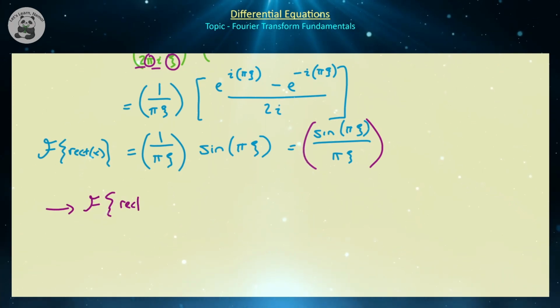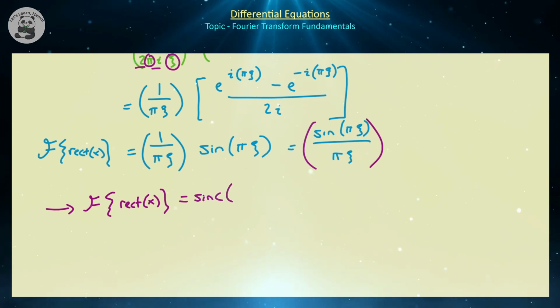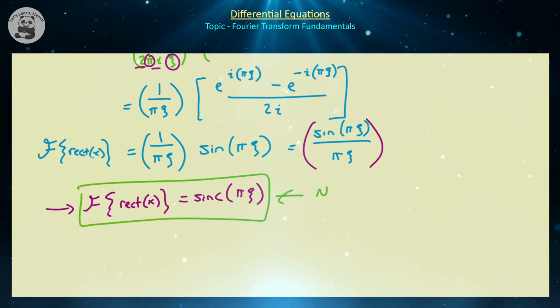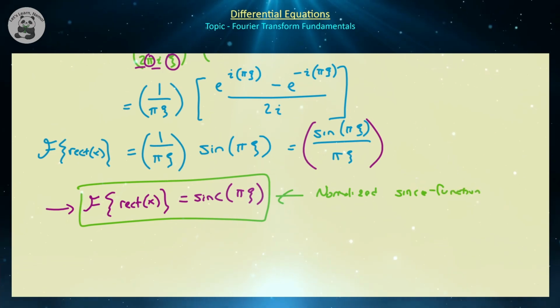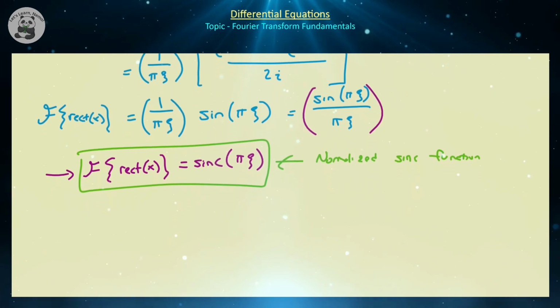So the Fourier transform of the rectangular function is just equal to the sinc function evaluated at pi psi instead of psi. And some people will call this function the normalized sinc function, right? S-I-N-C function.